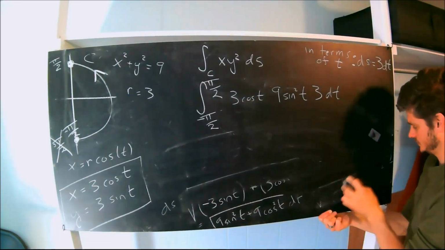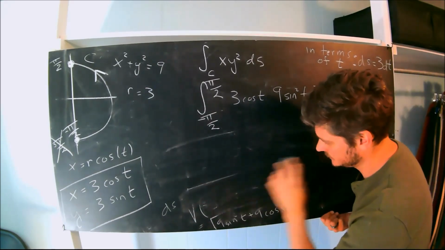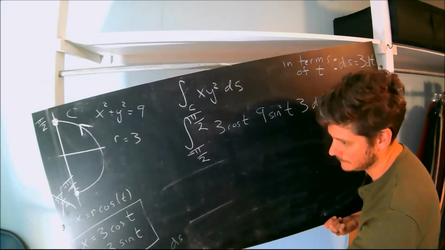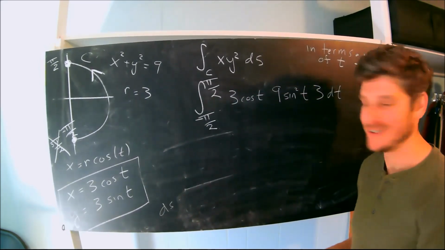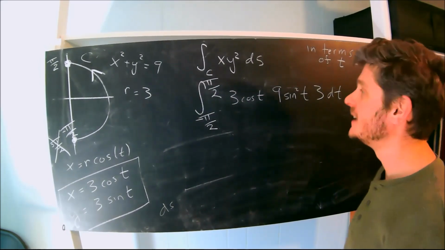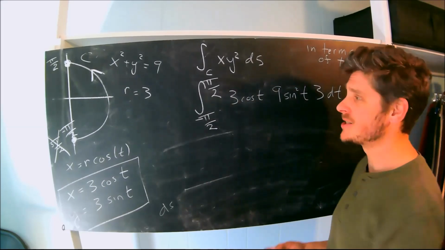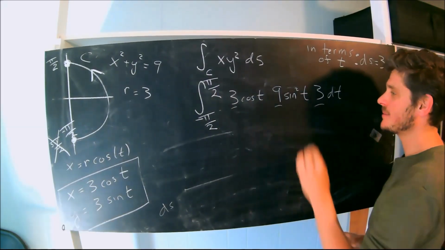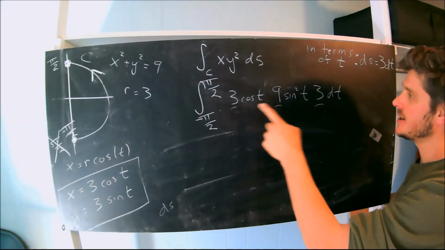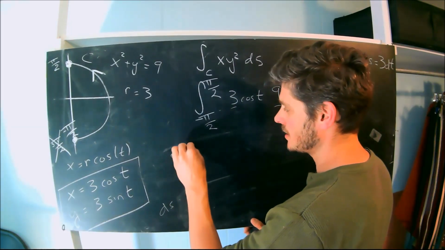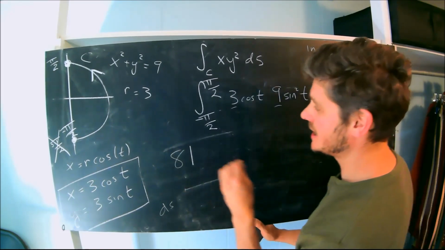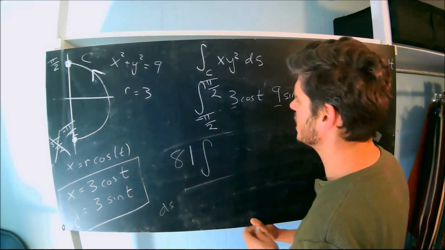And let's clean this up before we actually go ahead and integrate. Alright, so let's factor out our constants first. So 3 times 9 times 3. 3 times 9 is 27. 27 times 3, so 81. Factor out that 81.